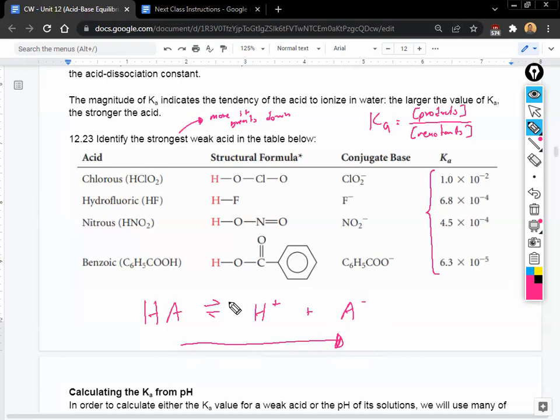Bigger. And where do these numbers go? They go on the numerator. Yeah, it gets confusing, right? These guys go on the top. These are the numerator. Okay, so if the numbers on the top get bigger, does the Ka get bigger or smaller? Bigger. So which one of these Kas has the biggest number? Yeah, so chlorous acid breaks down the most. It is the strongest out of these weak acids.